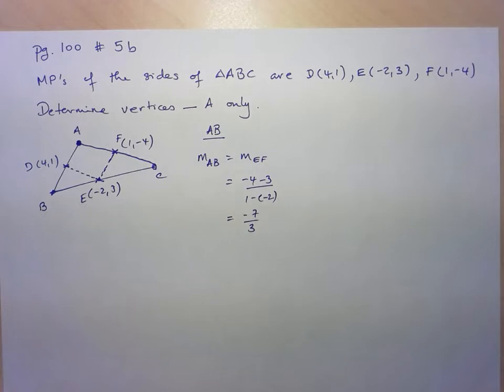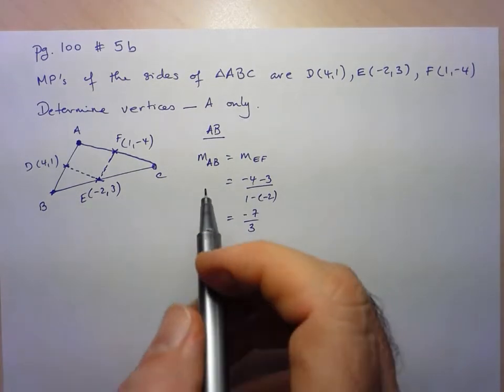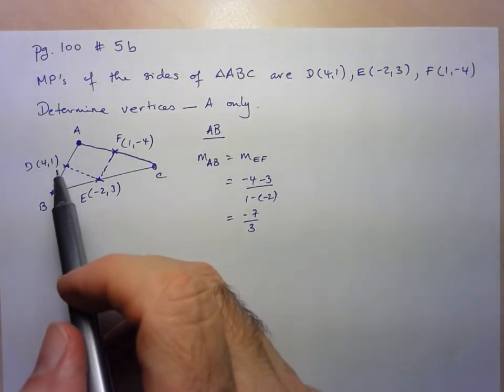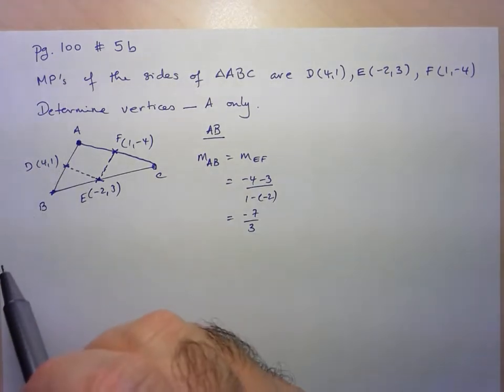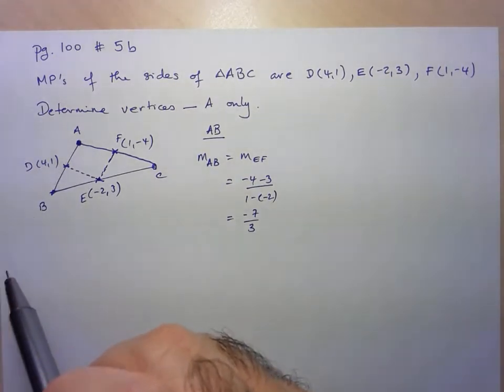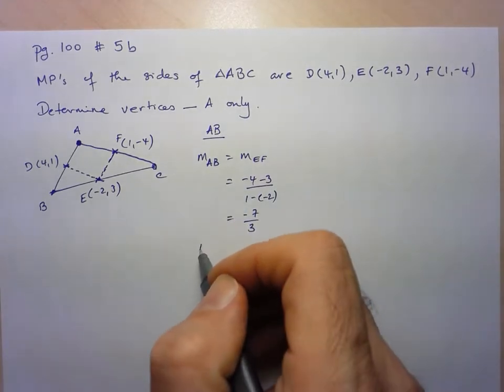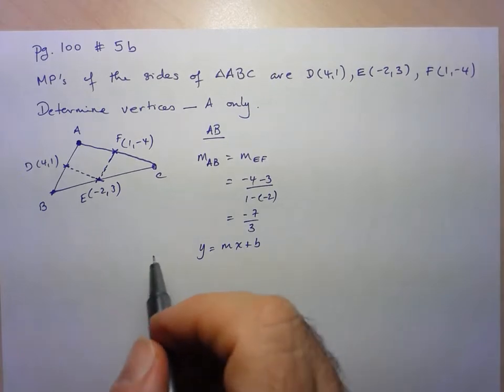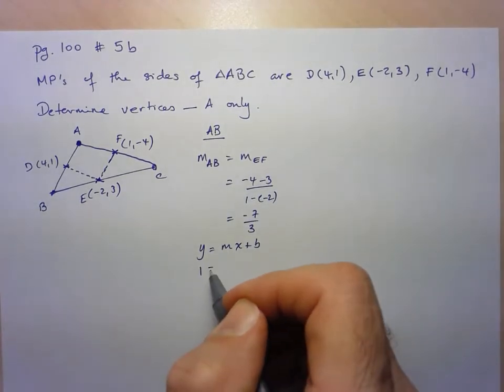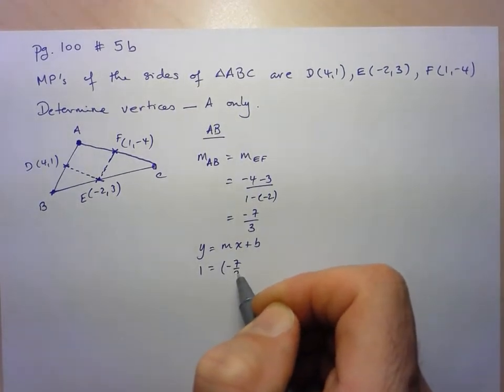So there's my slope. Now I'm going to use this point on the line AB, which is 4, 1, the midpoint, to determine the equation of the line. So y equals mx plus b, and the y value is equal to 1. The slope we found is -7/3.